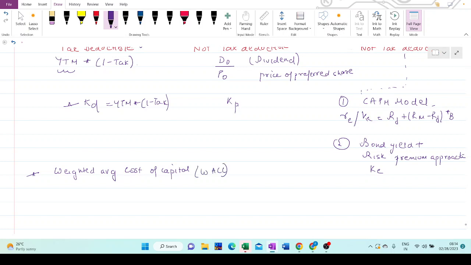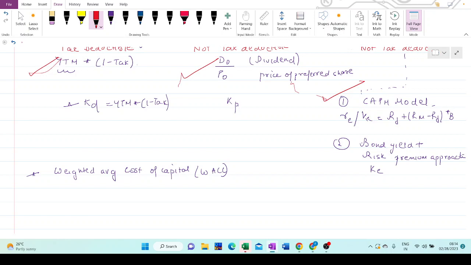Now what is WACC? It's the average cost of raising capital from these three sources of financing. And how would we calculate this? How do we calculate the weighted average cost of capital?